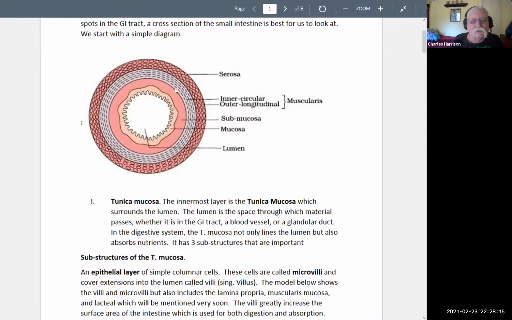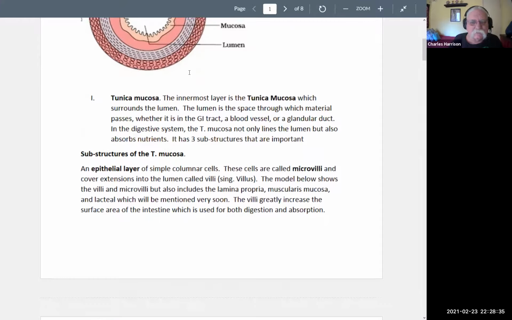It's called the tunica serosa. In a high school class, for some reason, they call it the adventitia. Tunica serosa not only coats or covers, but it also interconnects parts of the small intestine. You'll see that in the picture coming up.